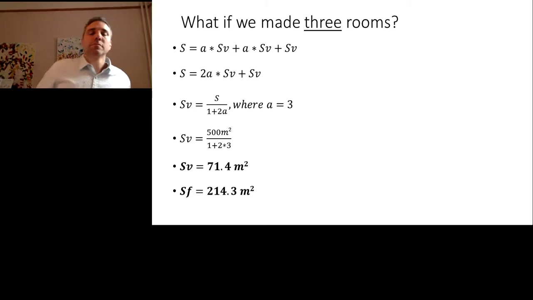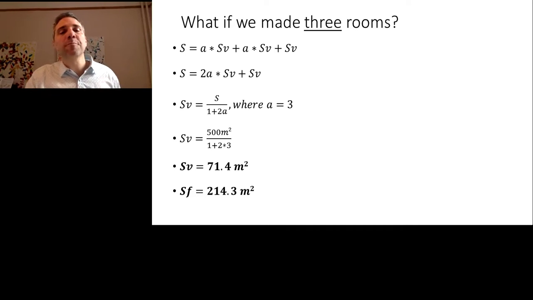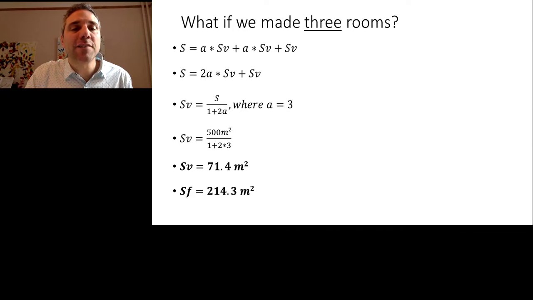So next is, okay, well, what about a 3-room case, right? What if we break up the space even further? Instead of having just one flowering room, we have 2 flowering rooms. So now the total space is split up between these 2 flowering rooms, each of equal size, each 3 times larger than the veg room.